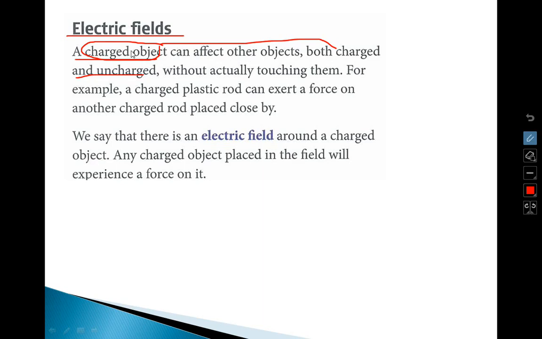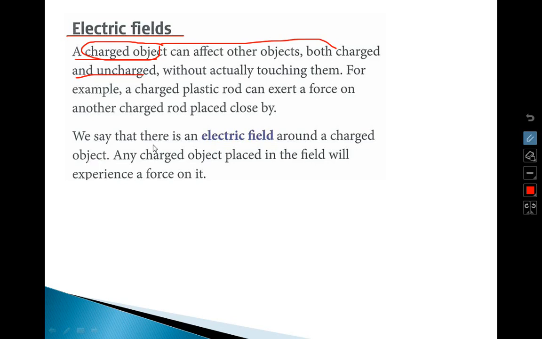It affects them without actually touching them. As in the last figure, they put the cloth near the rod, and they affect each other without touching.